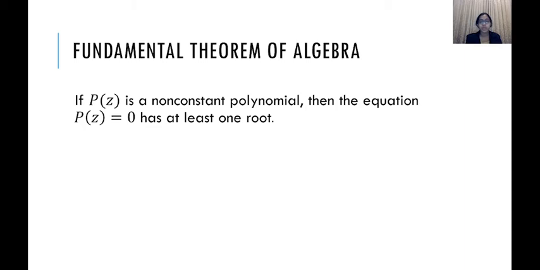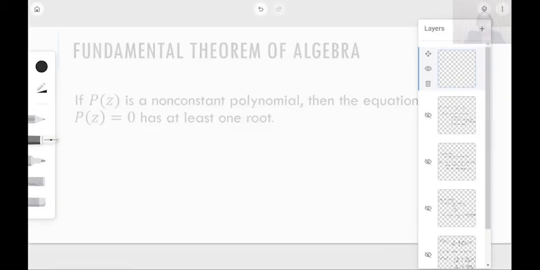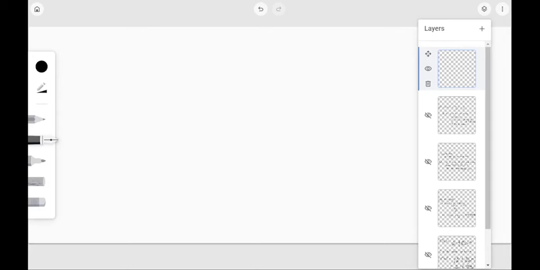then the equation p of z is equal to 0 will have at least one root. It will definitely have a root. It can be real, it can be complex, whatever it is, but any non-constant polynomial will always have a root. Now let's see how we can prove this fundamental theorem of algebra.